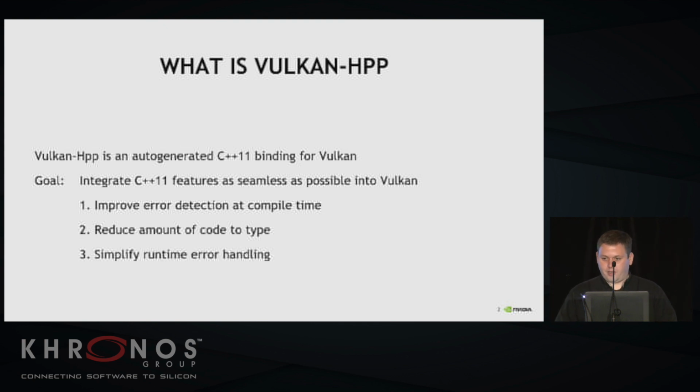We want to simplify the runtime error handling for people who like exceptions, but we don't restrict it to exceptions. And most important, some people say, oh, if you start with C++, you're adding a lot of overhead and it will be slow. I think we managed to make an API which does everything inline, so it's header only, which shouldn't add any overhead to anything which is critical to your performance.